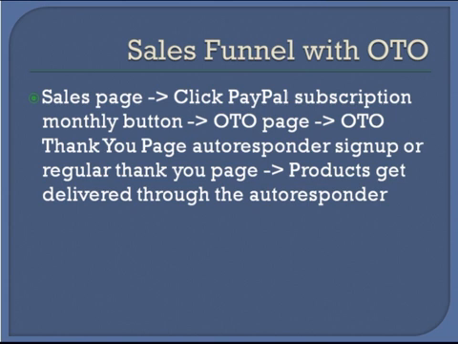Or if they say no, then they're going to be sent to the regular thank you page. Then after that, the products get delivered through the autoresponder. So if you add a one-time offer, it does make it a little more complicated, but it's really not that bad. But in this specific video series, I'm going to talk about the sales funnel in relation to a basic sales funnel with no one-time offer. So this is important to know just so that you can put all the pieces together and know exactly what you need to do.